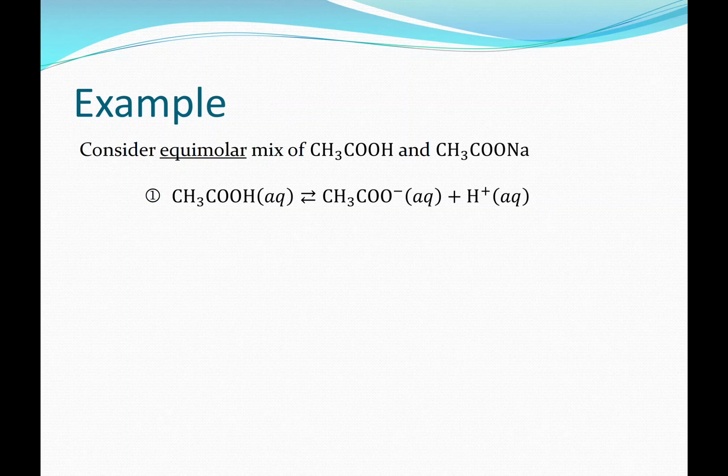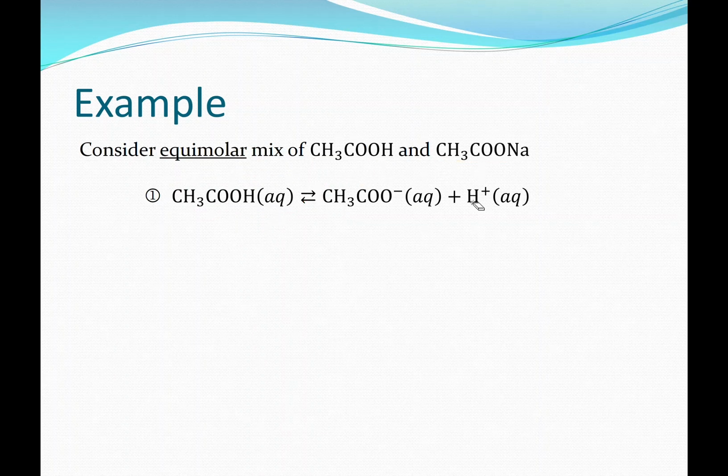So the equilibrium that we're concerned with is that weak acid equilibrium of the acetic acid. So we've got acetic acid here in equilibrium with the acetate ion, and then we get that hydronium ion as well. And so this is the equilibrium that we're really dealing with. And so if we have an equal molar amount of these two substances, what that means is we have a substantial amount of each side of this conjugate acid-base pair.